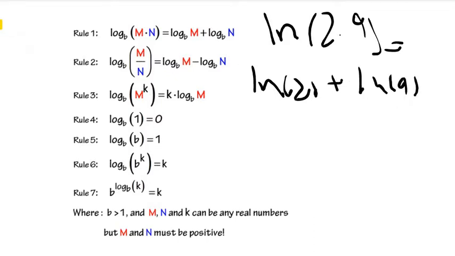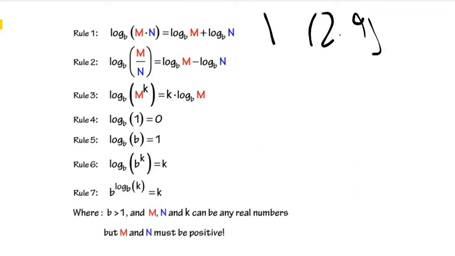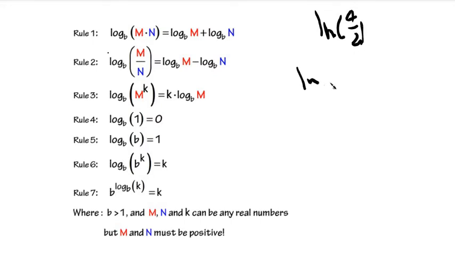Same with anything else. Same thing with division. If you do natural log of 4 divided by 2, it would be equal to natural log of 4 minus natural log of 2.